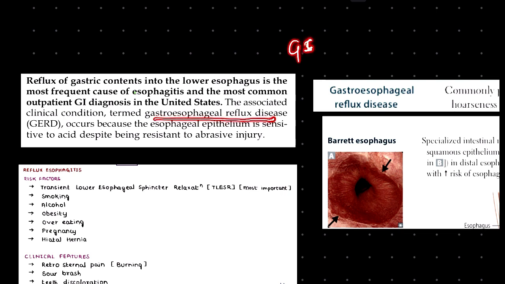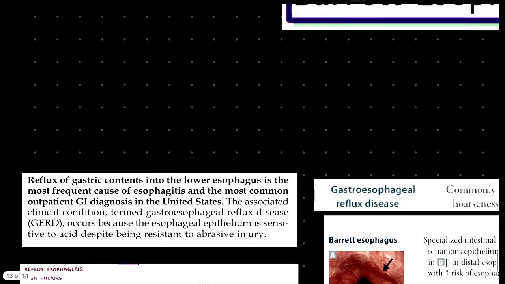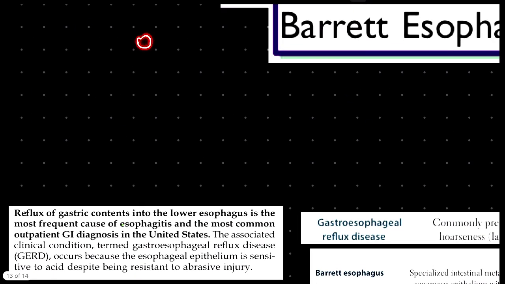Gastroesophageal reflux disease, GERD, occurs because the esophageal epithelium is sensitive to acid despite being resistant to abrasive injury. What he's saying is that we have the esophagus, and at its distal point we have the lower esophageal sphincter.